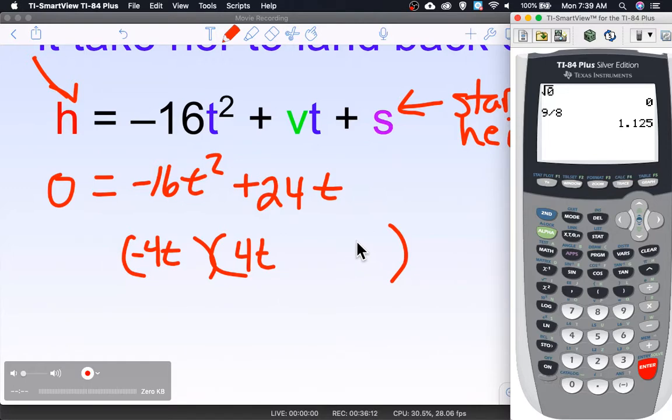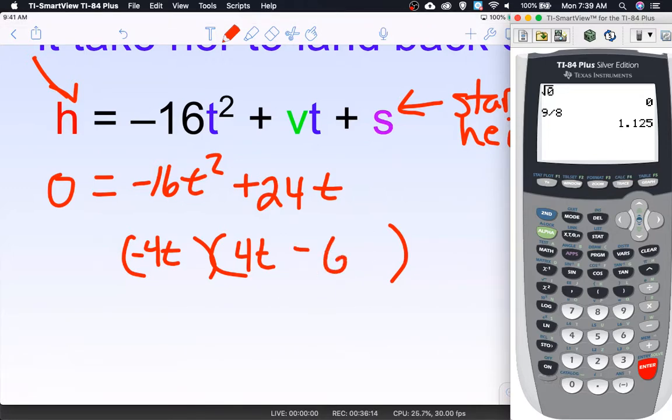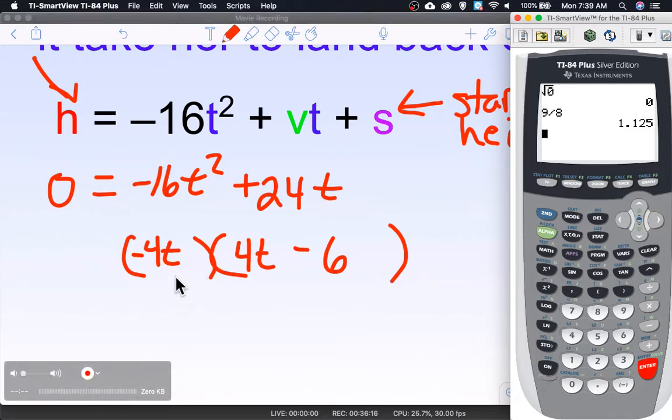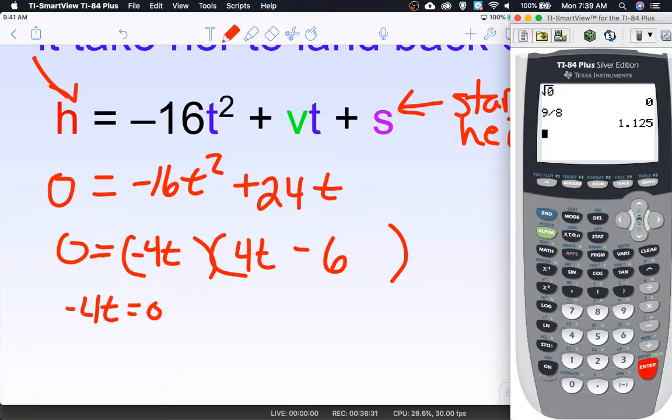This would become a negative 6. And I'm double checking: negative 4t times negative 6 is 24t squared. Okay, it all works. Since these two things are set equal to 0, I can say either negative 4t is 0 or 4t minus 6 is 0.